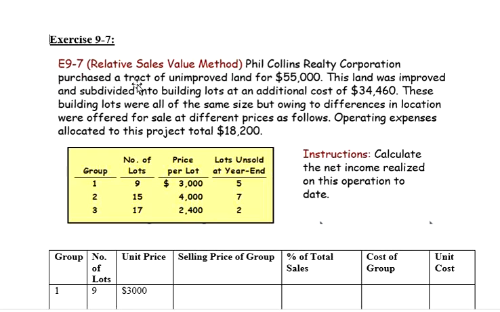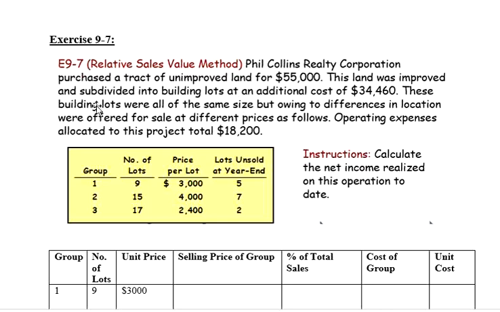They have purchased a tract of land, and this land is an unimproved land worth $55,000. So this is the purchase price of the land, $55,000. As it is unimproved, it needs improvement. They need to spend a little more on it so that the land goes into a sellable shape.